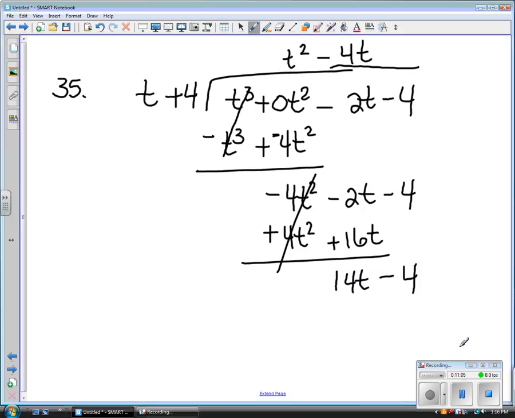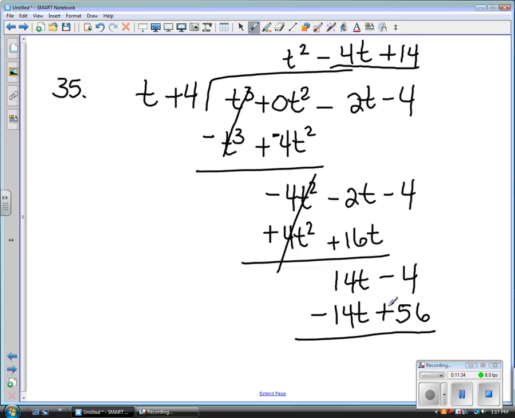And I want to bring that minus 4 down. Now, what is 14t divided by t? And it's going to be a positive 14. So 14 times t is, it's almost a tongue twister there, isn't it? And 14 times 4, 56.